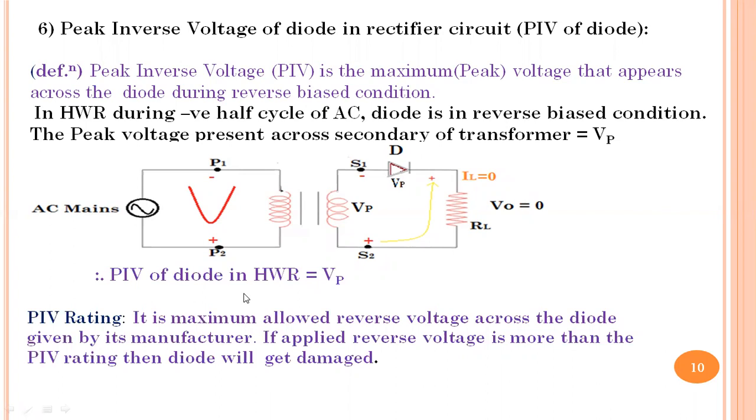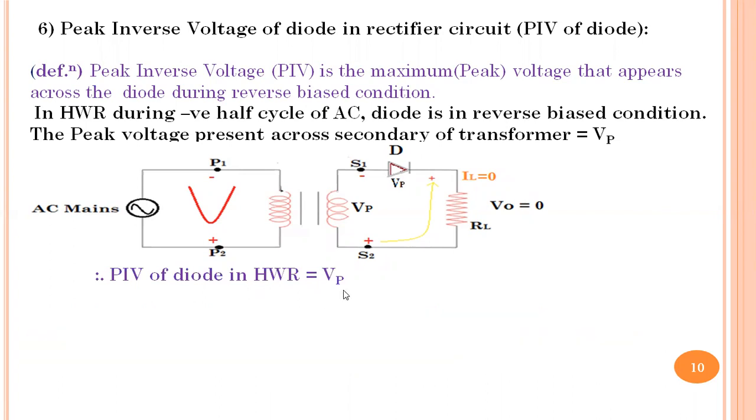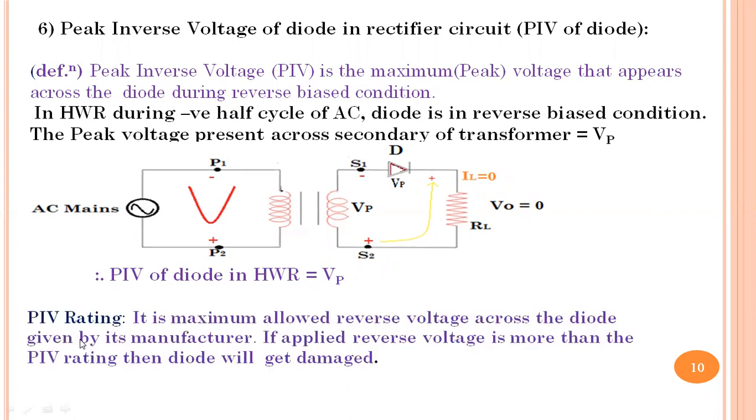Therefore, PIV of a diode is equal to Vp. Is this clear? Now, diodes are also available in the market with one important specification given by the manufacturer, called the maximum value of PIV, known as PIV rating.